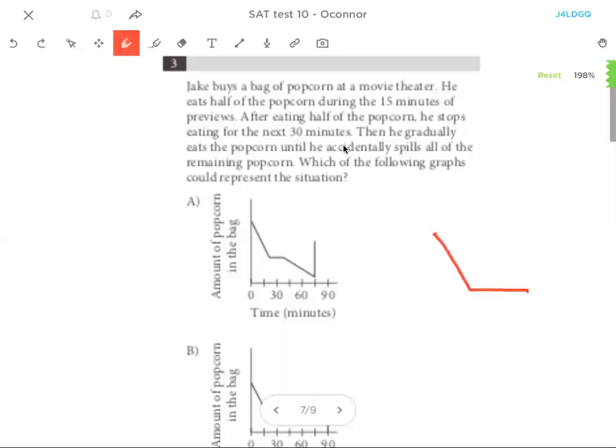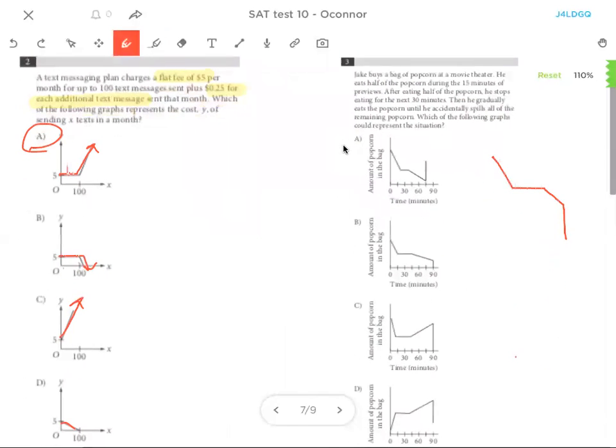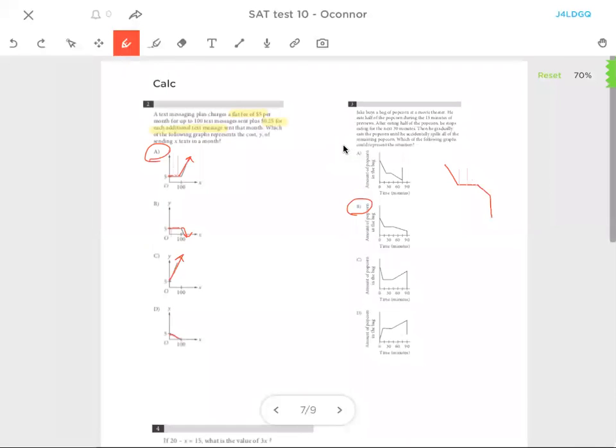Then he gradually eats the popcorn, so it's still going down. And then he spills it, so it's all gone. Okay, it instantly drops off. And so our graph is going to be something like this. Okay, so just being able to interpret what's happening in that graph.